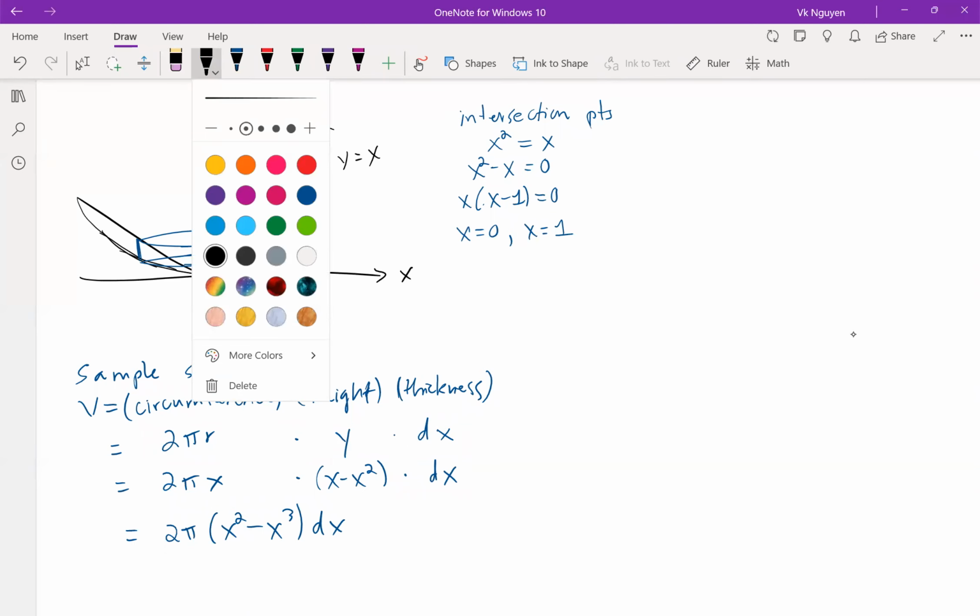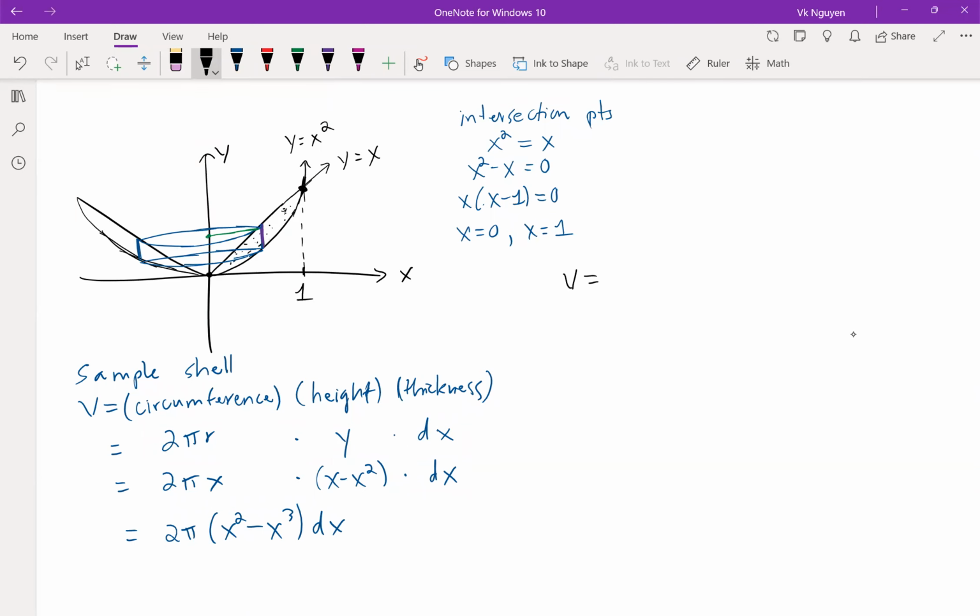And thus the volume is the integral from 0 to 1 of a sample shell. Volume of a sample shell: 2 pi times x squared minus x to the 3 dx.